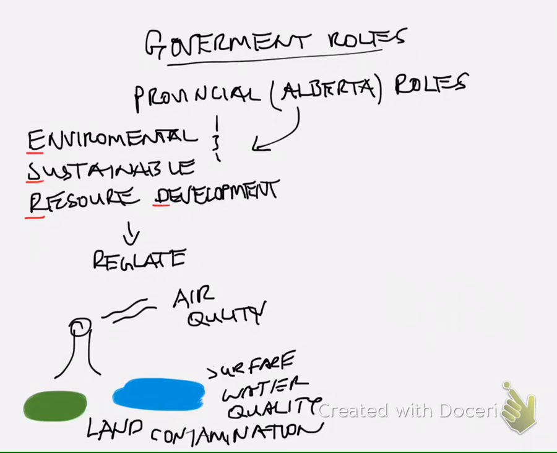The one we're focusing on in this presentation is all around air quality. That's where the air quality stuff falls, the department that takes care of it at the provincial level here in Alberta.